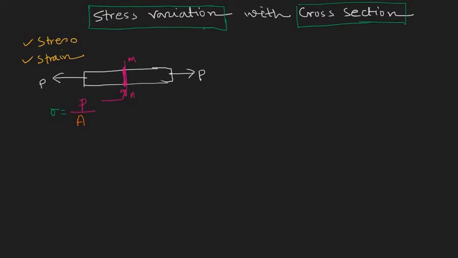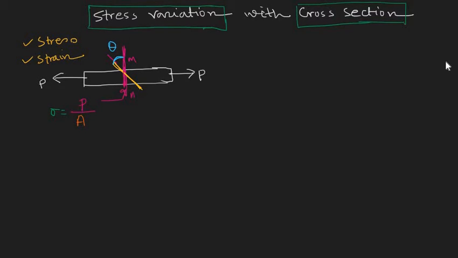Now, as this heading suggests, what is the stress variation if we change this cross section? For understanding that topic, let's consider we have a plane at an angle of theta. This is the plane which is making an angle of theta with this normal plane, that is MN.